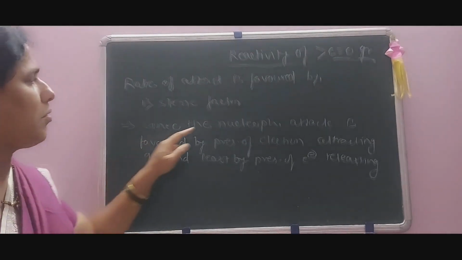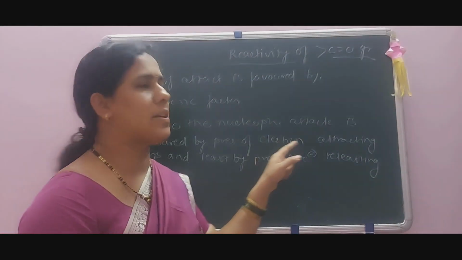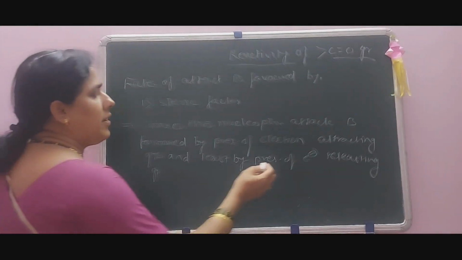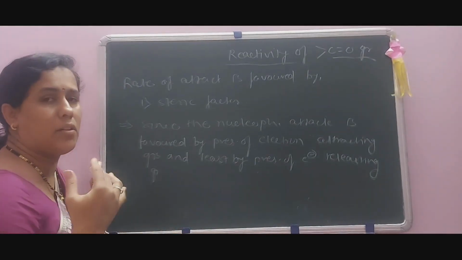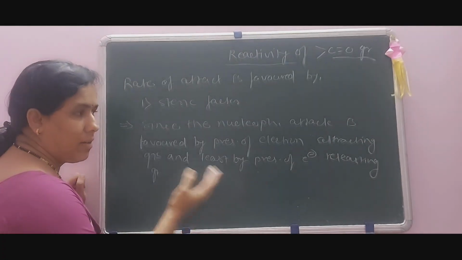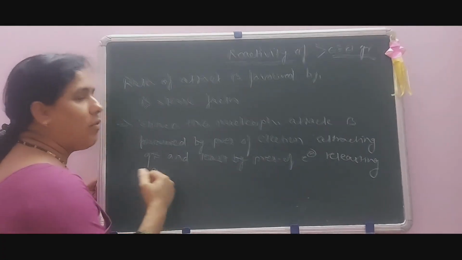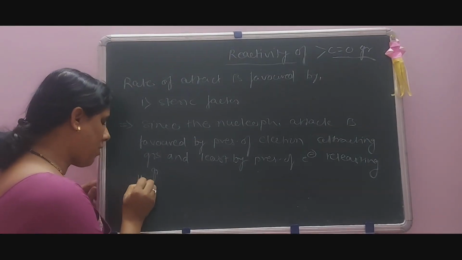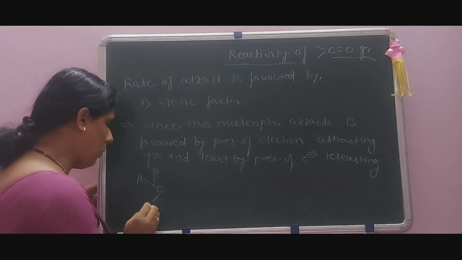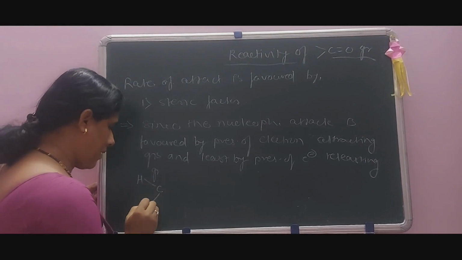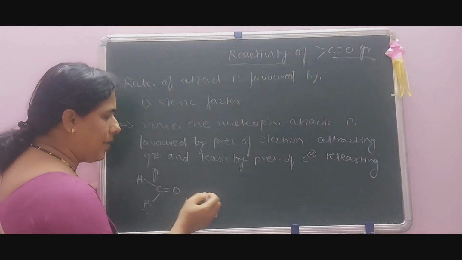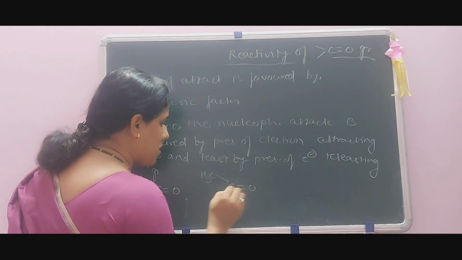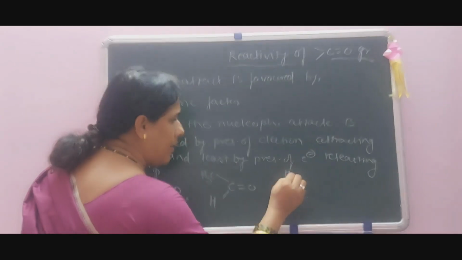When electron attracting groups are present, the attack is favored. For example, consider formaldehyde, HCHO, then acetaldehyde, CH3CHO, and a ketone.